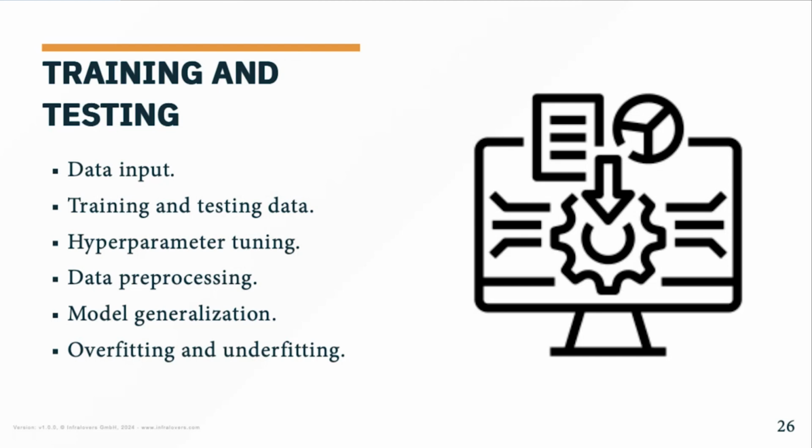But even with a well-trained or well-prepared model, we need to watch out for issues like overfitting, where the model becomes too tailored to the training data and it struggles with new inputs, or, on the other hand, underfitting, where we have the complete opposite, where it fails to capture any underlying patterns within the data itself.